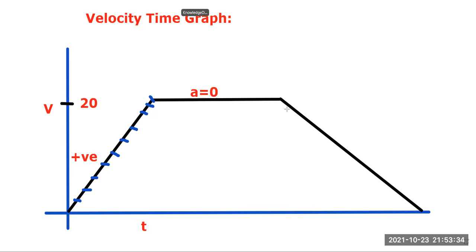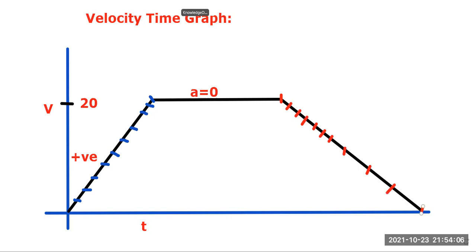So now here the velocity is 20, 18, 16, 14, 12, you can say 10, 8, 6, you can say 4, 2, and here velocity is 0.